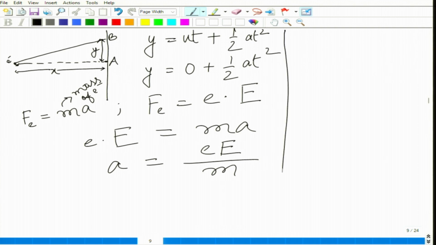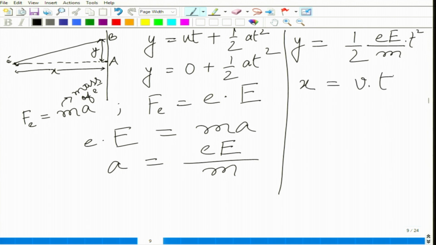So if we put the value of a in this, we get the following. Now this is the total distance covered by the electron from the source to the point A. This distance is x. So x equal to v into t, where v is the velocity of the electron.